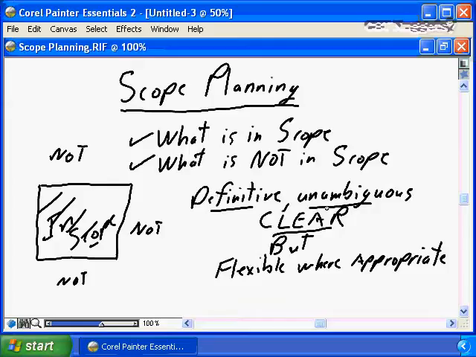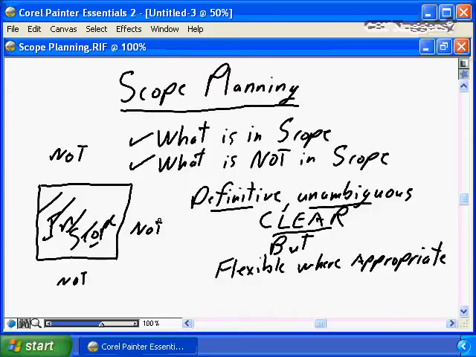I find using point form, bullets, far more unambiguous than long, flowing textual paragraphs. It needs to be clear. It needs to clearly define what is in scope and what is not in scope.